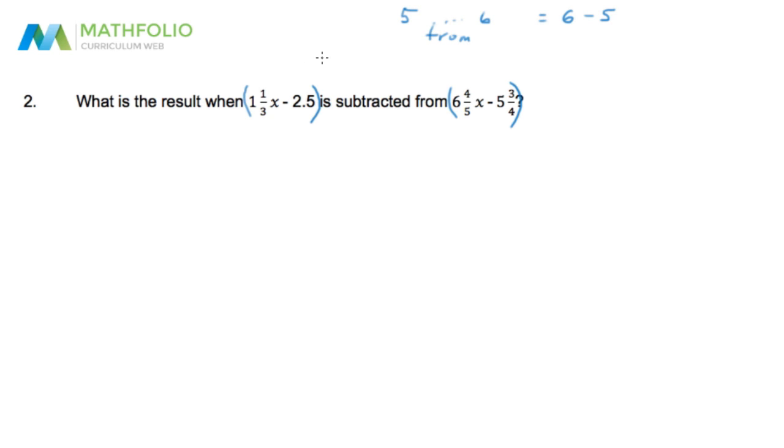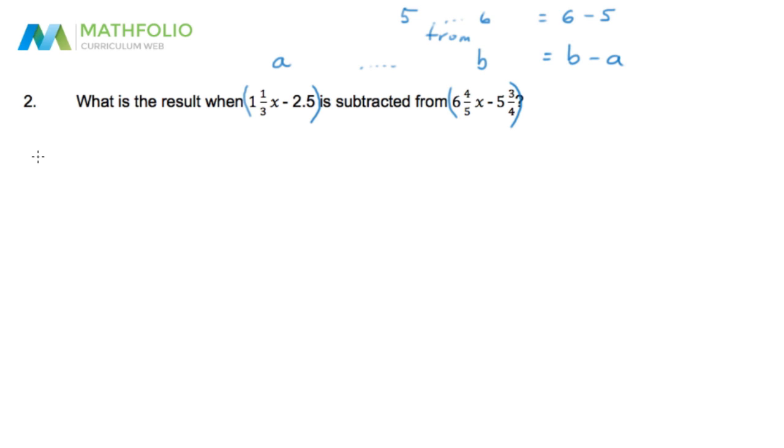So if it said, what is the result when A is subtracted from B? Again, if it says the word from, we would switch it around. We would do B minus A. So in this case, what is the result when 1 1/3 x minus 2.5 is subtracted from 6 4/5 x minus 5 3/4? We have to switch this order.